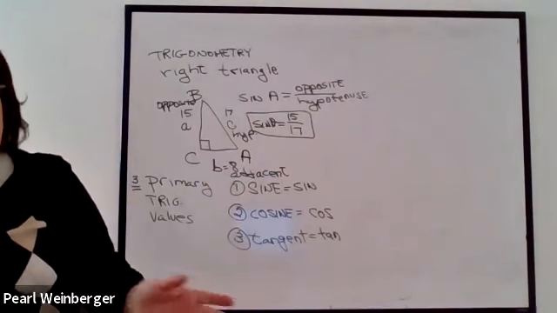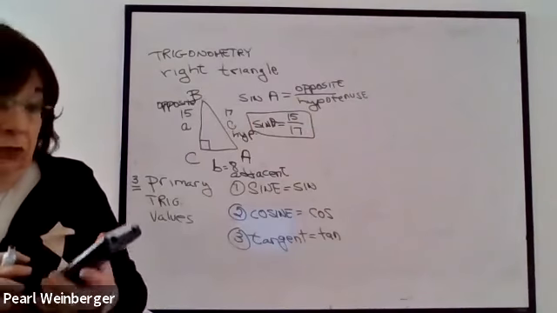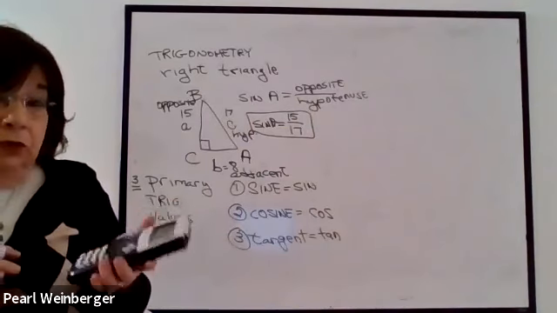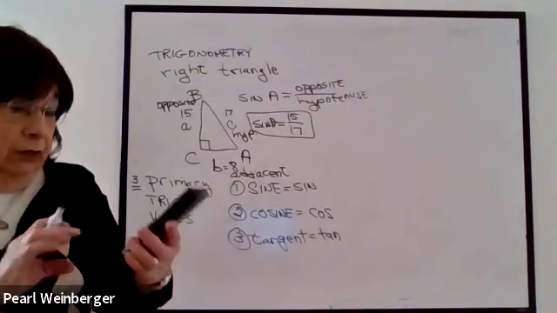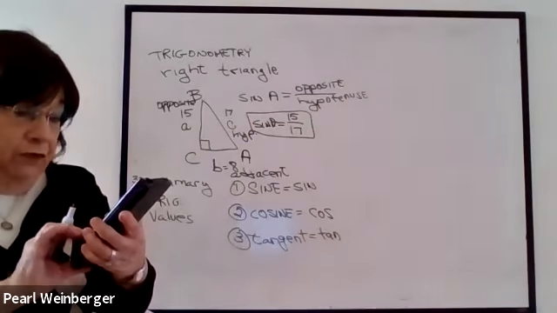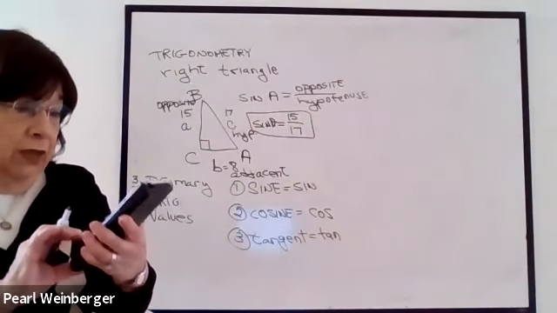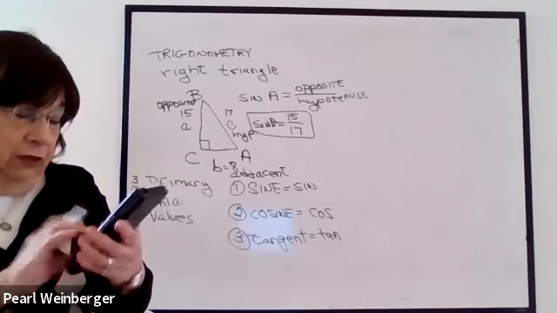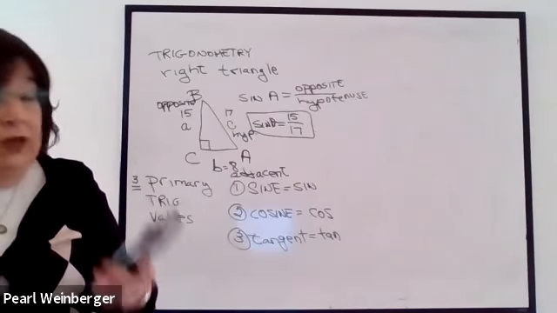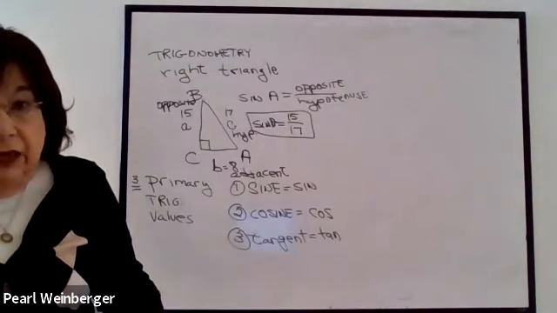We'd like it as a decimal. So if I want it as a decimal, then I take out my calculator, and I do 15 divided by 17. Of course, it comes out to a very long decimal.